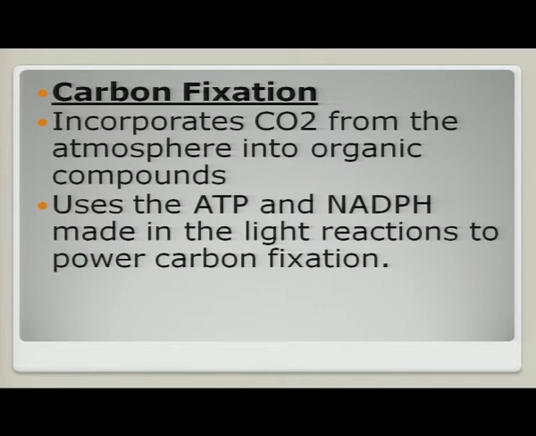The carbon dioxide is fixed and changes into carbohydrate, and the assimilatory power stored in the form of ATP as well as NADPH2 is used here. The ATP and NADPH made by the light reaction are used in carbon dioxide fixation.